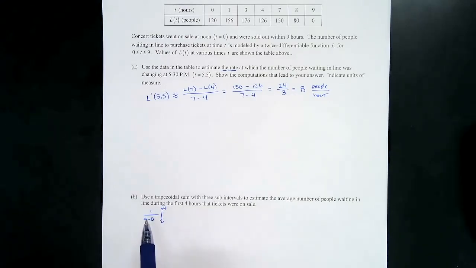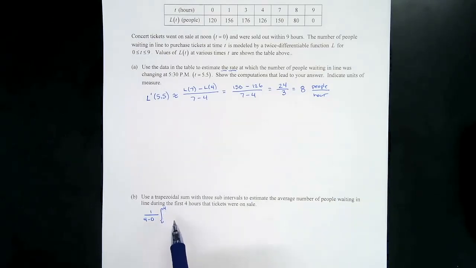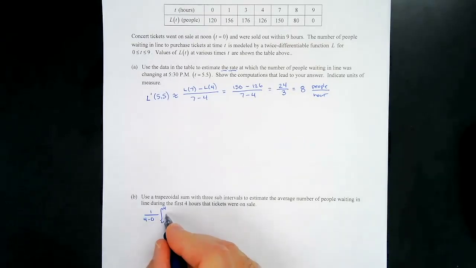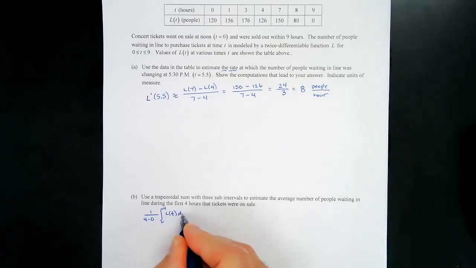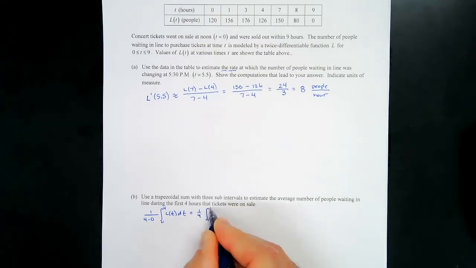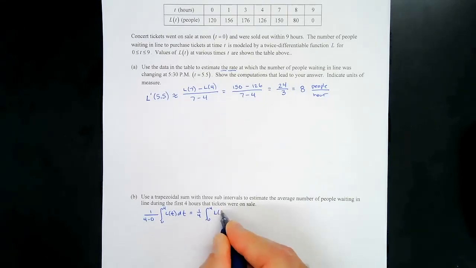Because remember, if we go 1 over b minus a, the integral from a to b of the function, that's going to give us the average value of the function. And that's actually what they're asking you to do here. So that would be 1/4 times the integral from 0 to 4 of L of t dt.